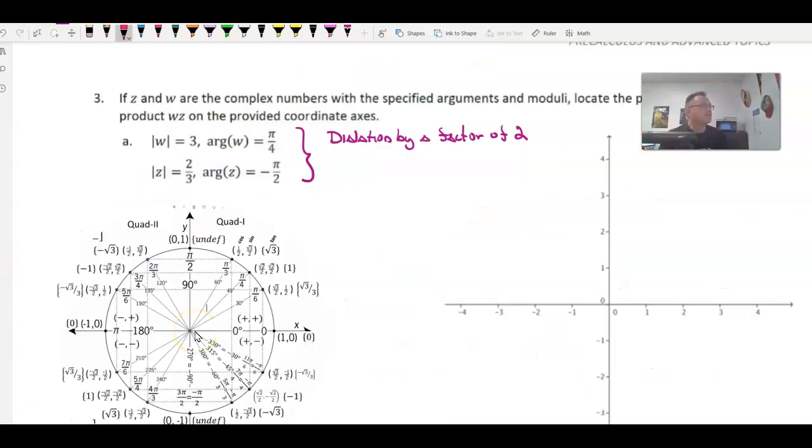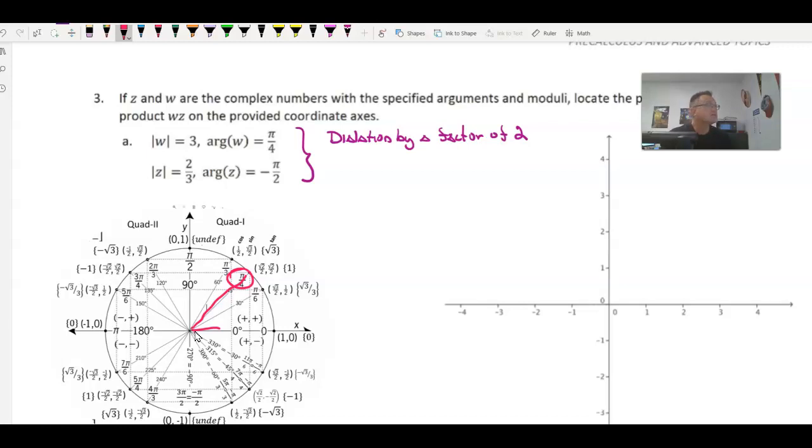For me to plot 3 pi over 4. So here's pi over 4. So that's 45 degrees. All right, so I'm going to plot 45 degrees, okay? And that length is going to be 3.